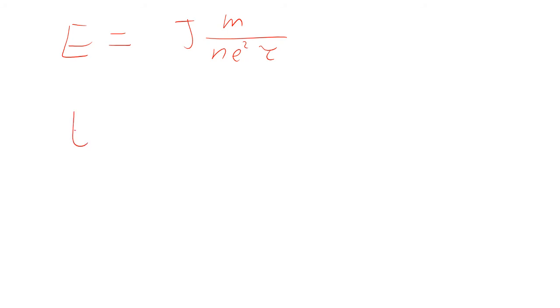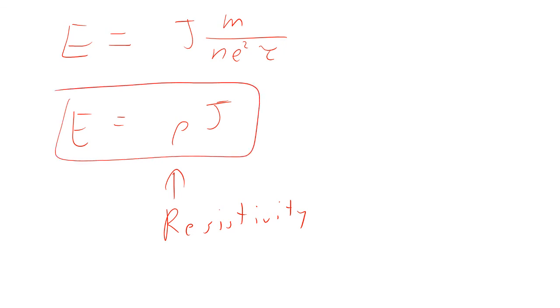And so we would say E equals rho J. Okay, this is a lowercase Greek rho, and we call that resistivity. So E equals rho times J, and that's going to be the resistivity. And so the electric field is a vector, the J is a vector. Okay, and so that's going to be an expression here that turns out to be very interesting.